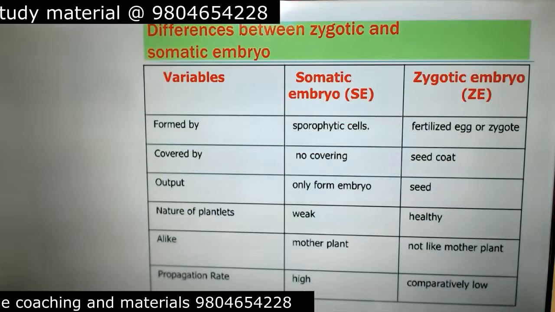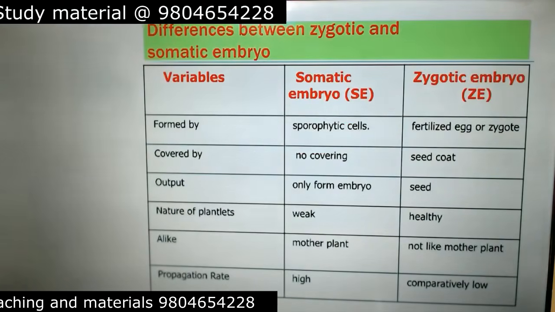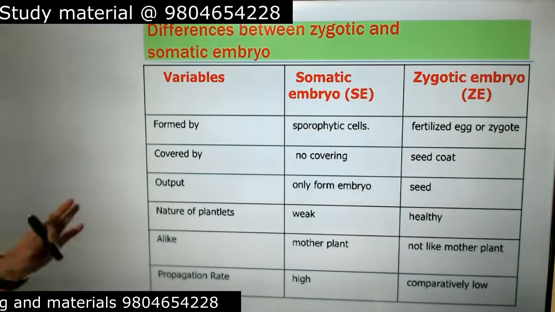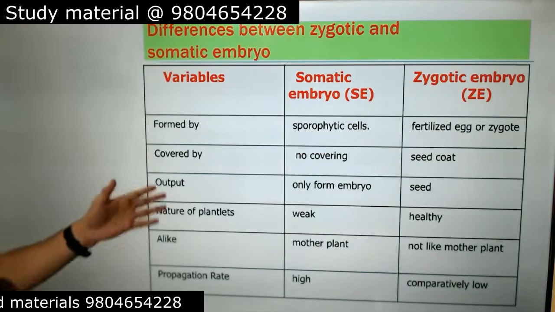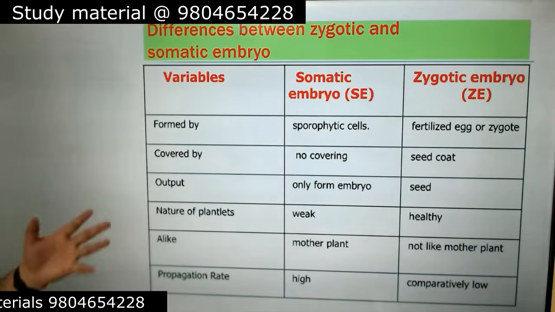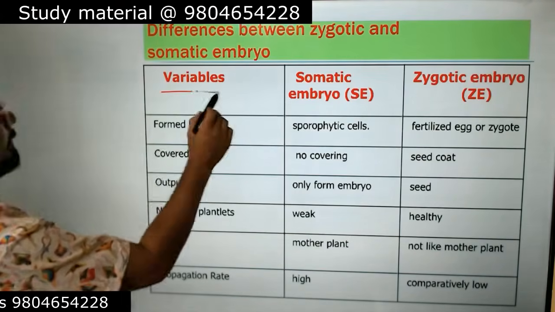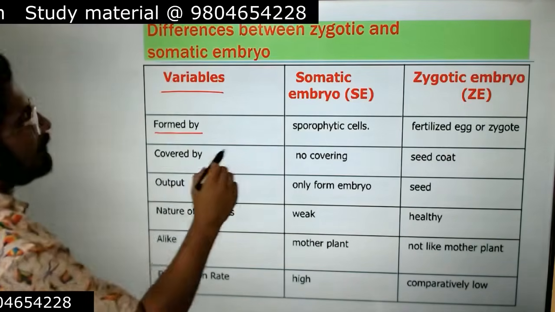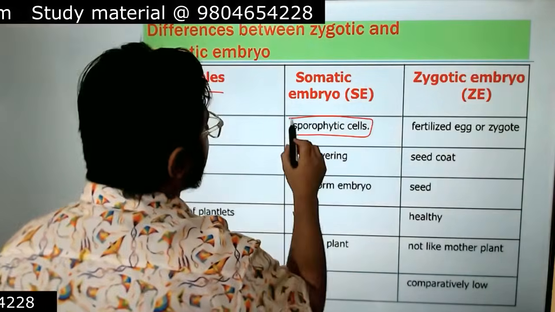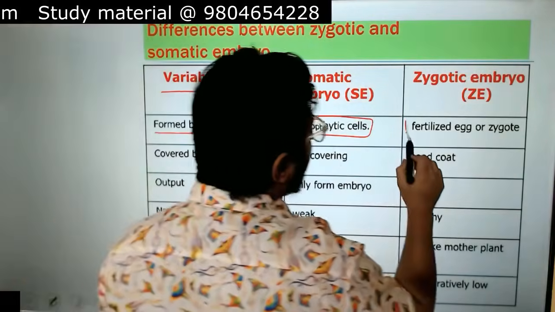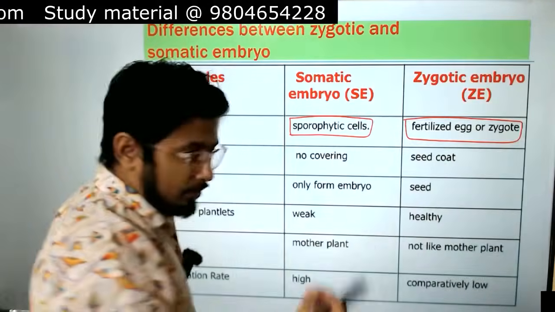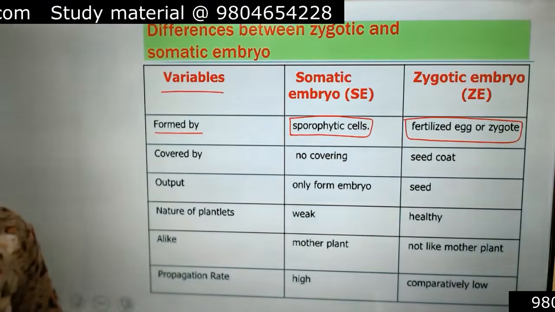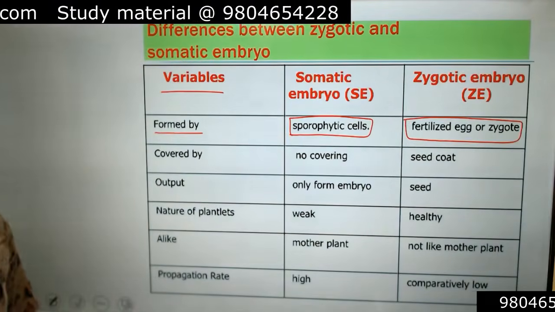So what is the difference between somatic embryo and zygotic embryo? We'll close with this slide. There are properties and variables, and you can see the difference. The somatic embryo is formed by sporophytic cells, but the zygotic embryo is formed by a fertilized egg, or zygote, after the fertilization event.